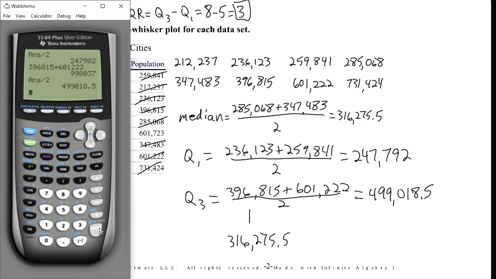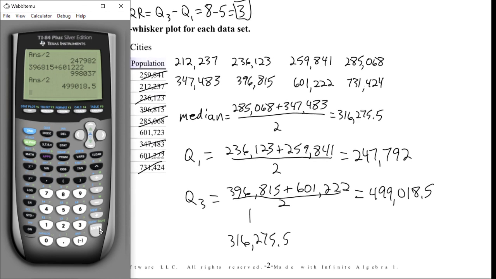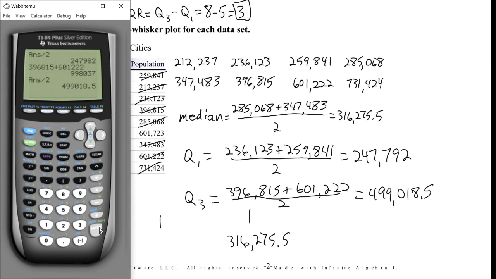All right. So I'm going to just kind of estimate here. Well, let's see. Our smallest value here is going to be 212,237. And then at 247, that's going to be about right there. That's 247,792. That's our Q1.